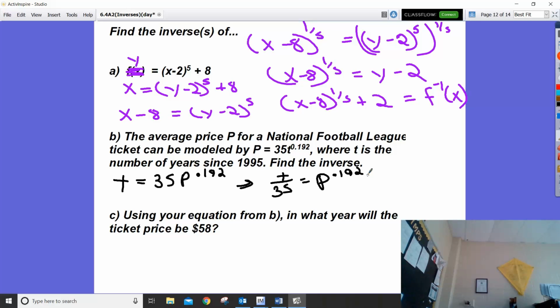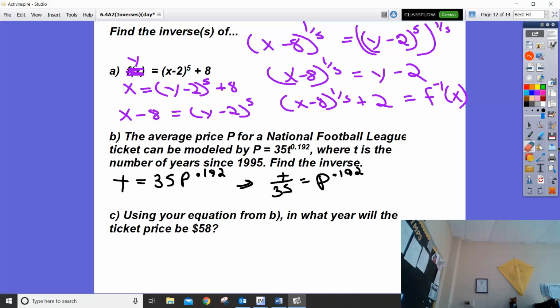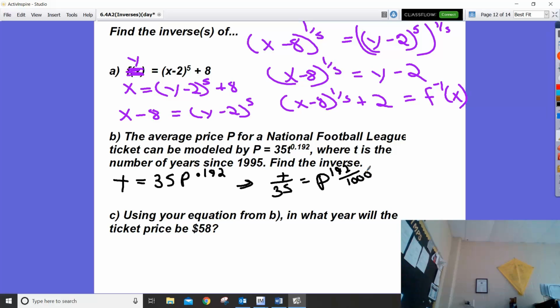The reason I'm saying 192 thousandths is that 0.192 is 192 over 1,000. That's why knowing how to pronounce things actually helps. You can read it as 192 over 1,000 when you look at it as a fraction. What's the opposite power of 192 over 1,000? 1,000 over 192.